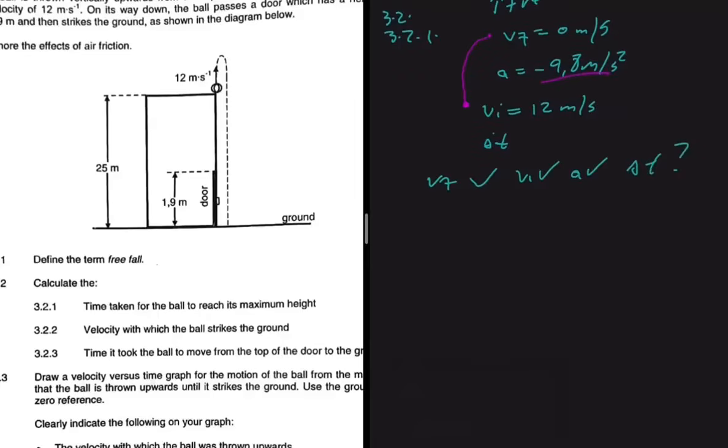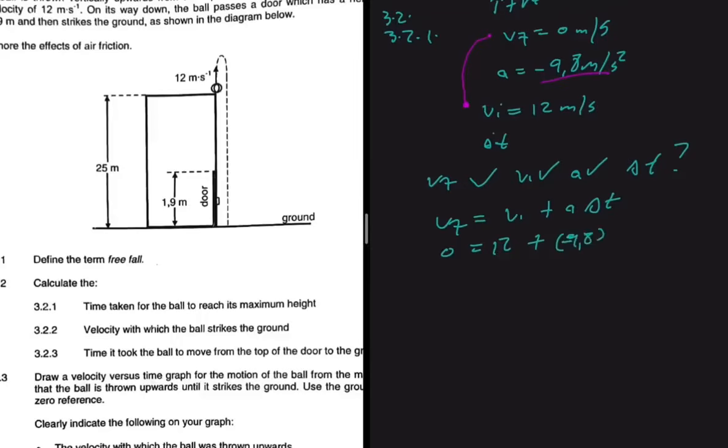It should be easy to see now that we're gonna say VF is equals to VI plus A delta t. So what is VF? We're saying that VF is 0. What is VI? It's 12 meters per second, right? So we put it as it is without a negative sign because we're taking up as positive, and then plus A, which is minus 9.8, right?